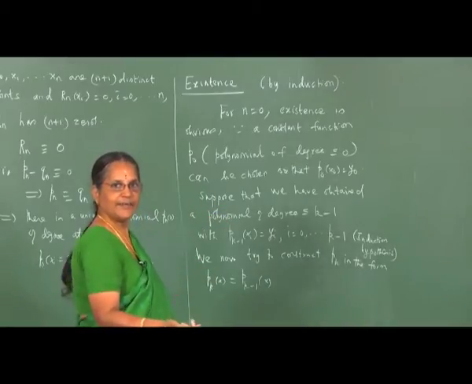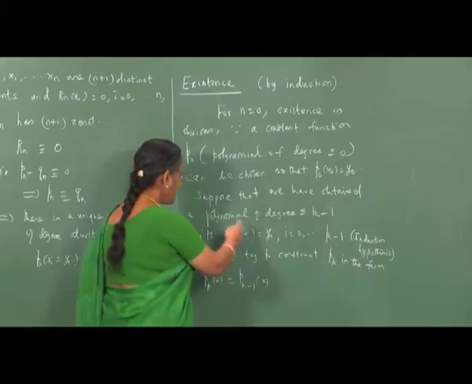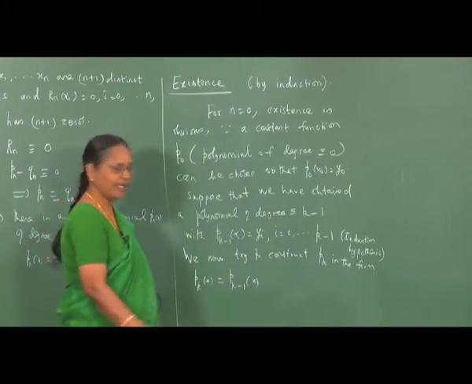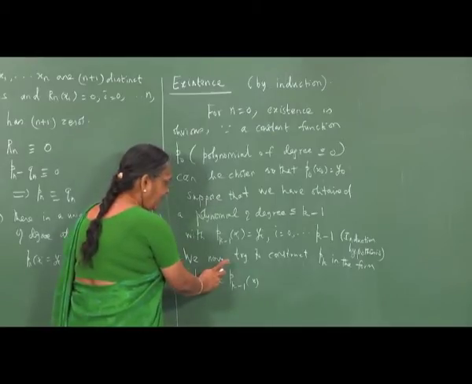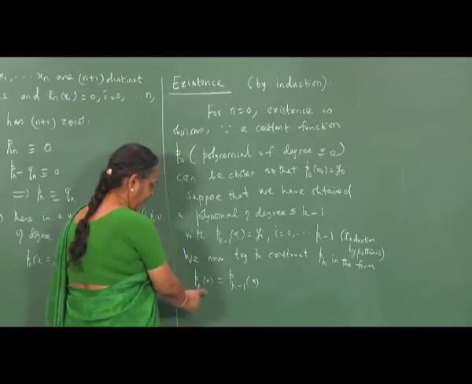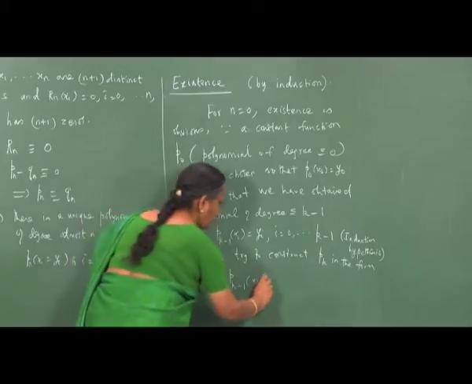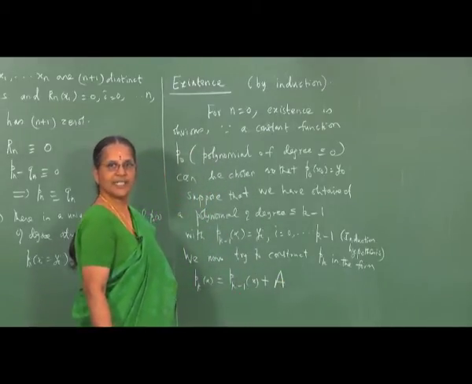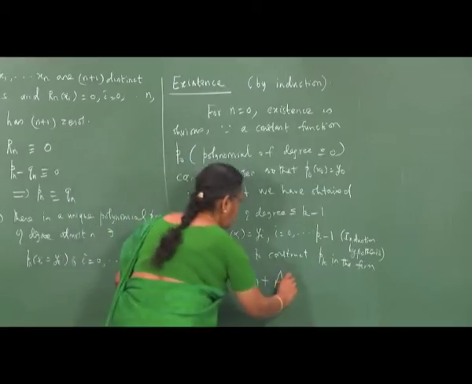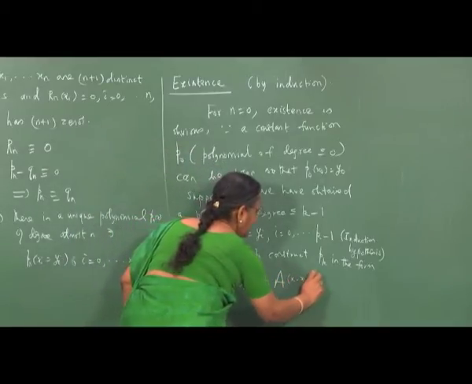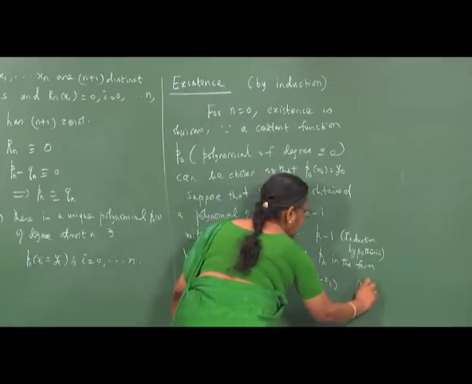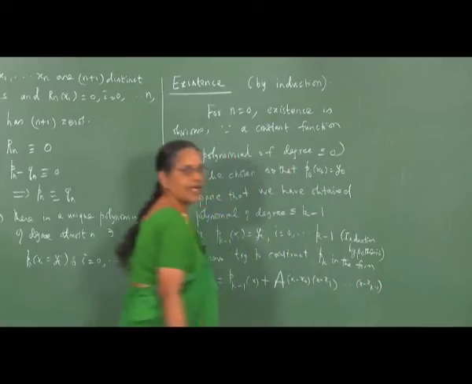Having constructed pk minus 1 of x of degree less than or equal to k minus 1, take the polynomial pk in the form pk of x is pk minus 1 of x plus say some arbitrary constant a, which we will have to determine, multiplied by x minus x naught into x minus x1 etc. x minus x k minus 1.